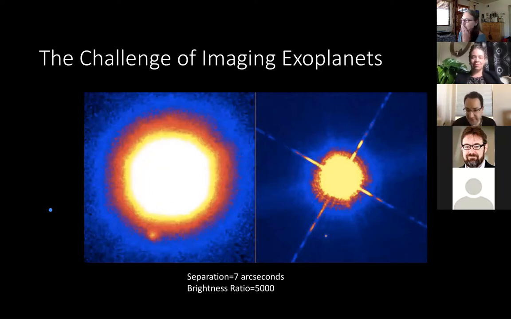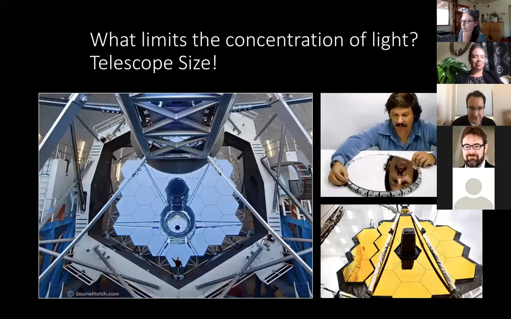So this is the same system, same brightness ratio, but what's happened is that the Hubble Space Telescope is able to really concentrate the light of that main star, and then that makes it easier to see the companion. There's less glare from the main star on top of the secondary star. So that's really the goal here. We're trying to concentrate the light as much as possible. And there are two things you have to do to concentrate the light. The first is that you need the biggest telescope that money can buy.